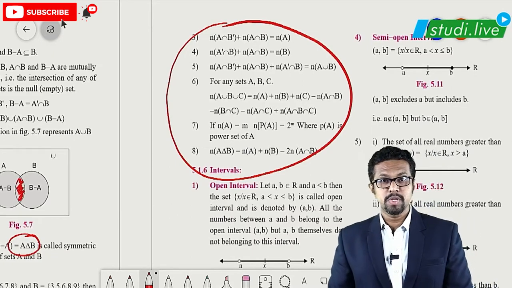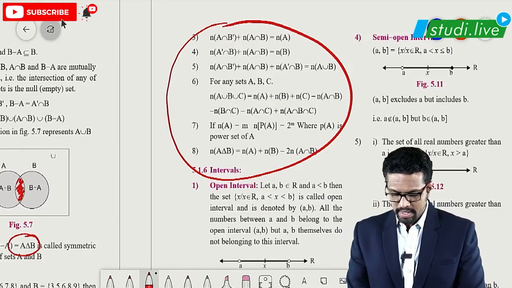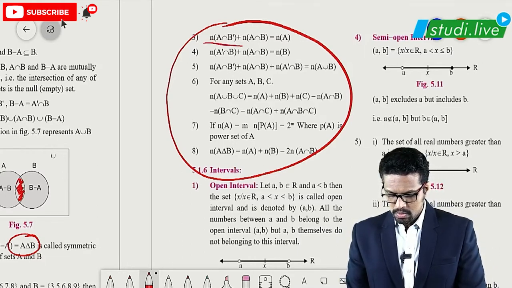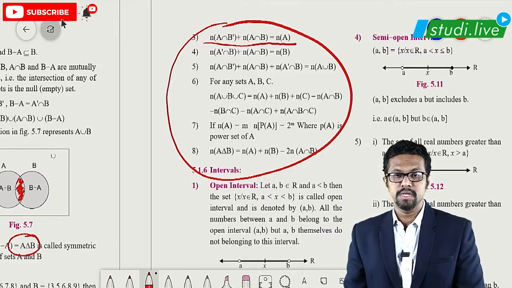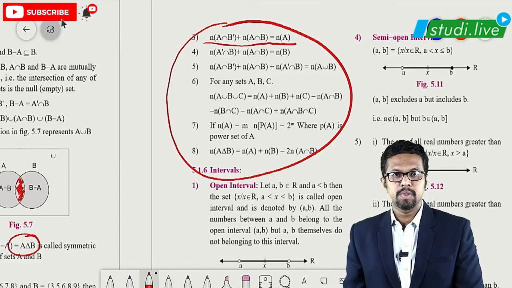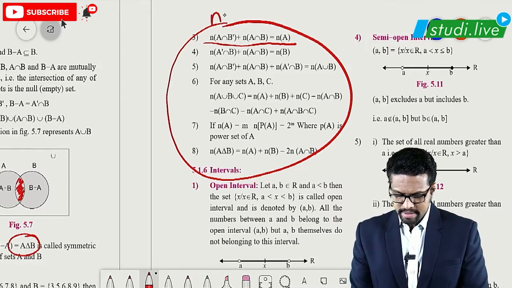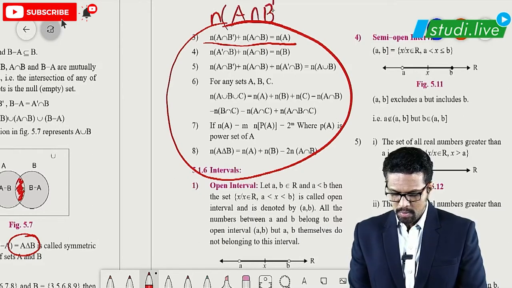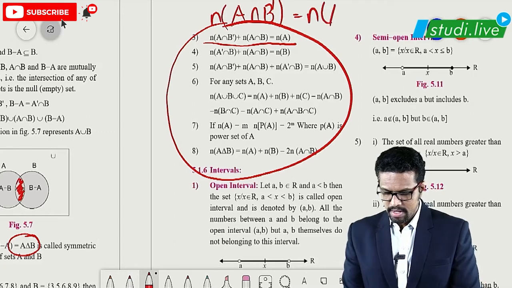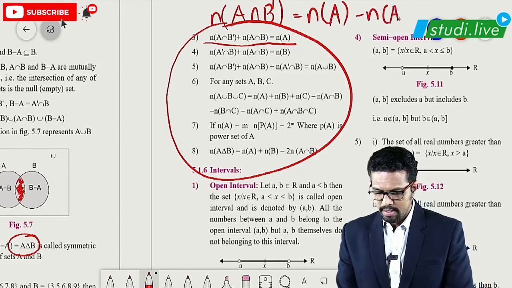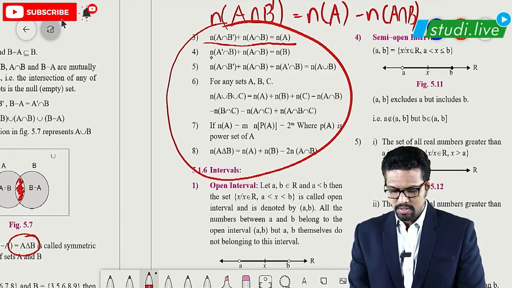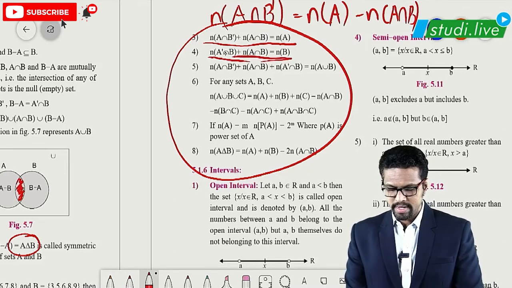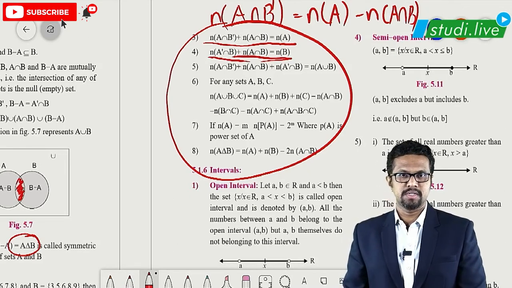A intersection B complement is nothing but A minus B, so this is nothing but N of A minus B. The formula that we can write over here is N of A intersection B plus N of A intersection B complement is N of A. Or you can just write it as N of A intersection B complement is N of A minus N of A intersection B. Same way, for B intersection A complement, this one also we can write as N of B minus N of A intersection B.